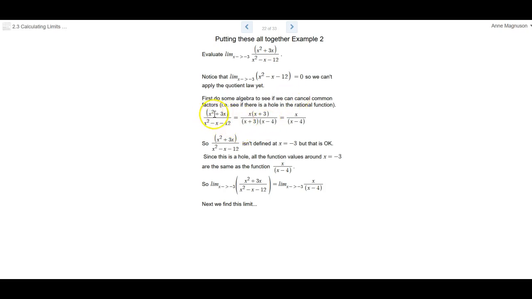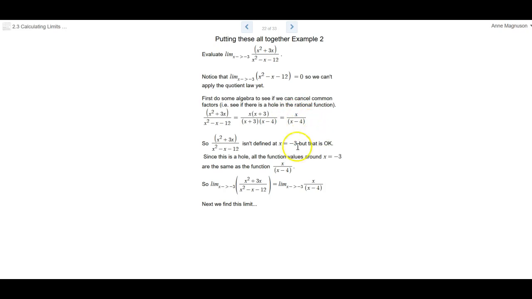So we factor the numerator and denominator, and notice we have a common factor of x plus 3. So that means that x equals minus 3 is a hole. So we can cancel those and we get this simplified function.